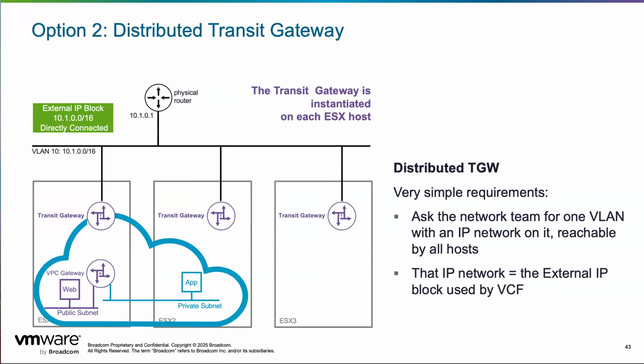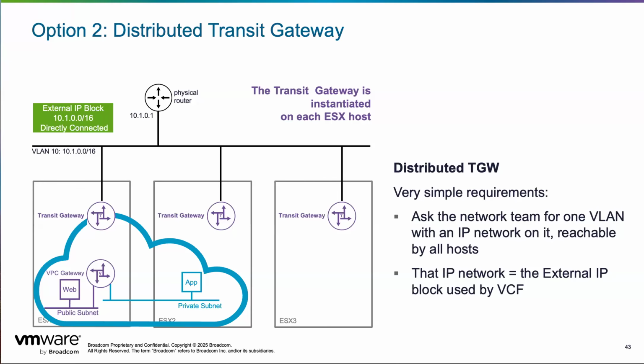There is a second option called the distributed transit gateway. And this one is very simple, and that's the one I'm really excited to show you. Basically, in that case, there is no edge, there is no BGP. Your transit gateway is a logical gateway that is instantiated on each and every ESX host.